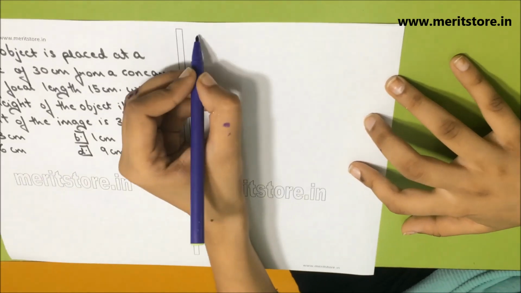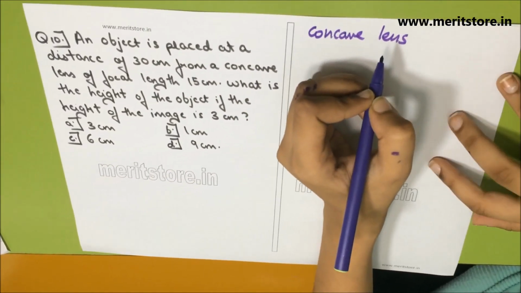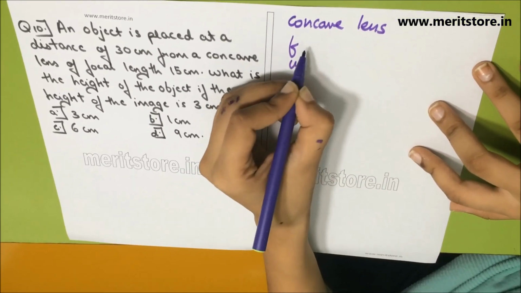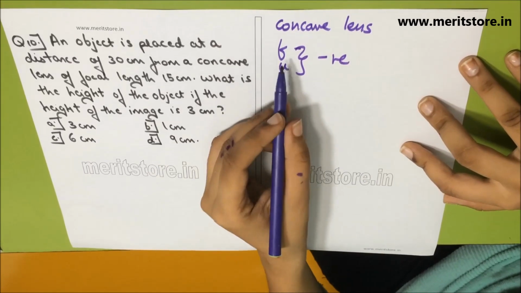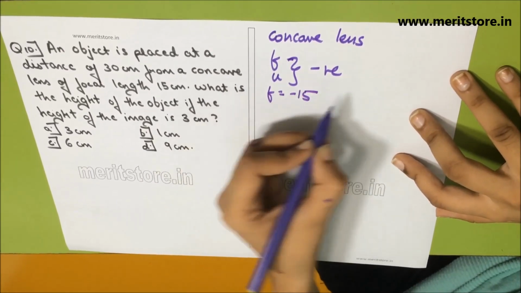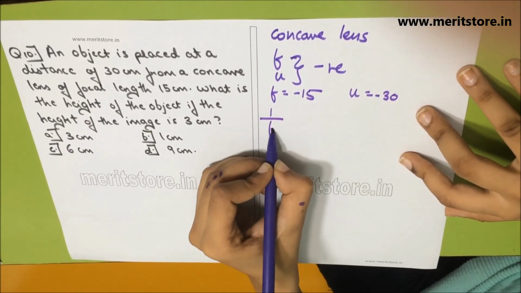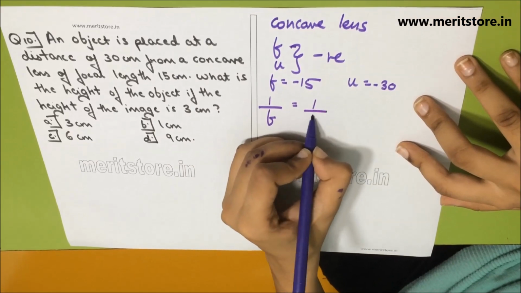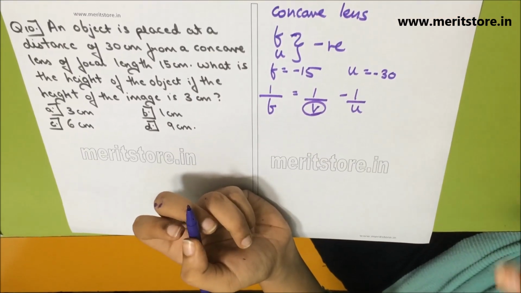So over here they have already told us that we have a concave lens. Concave lens will have f and u both as negative, and these f and u are given to us. f is minus 15, u is minus 30. Using 1 by f is equal to 1 by v minus 1 by u, we can find out the value of v.